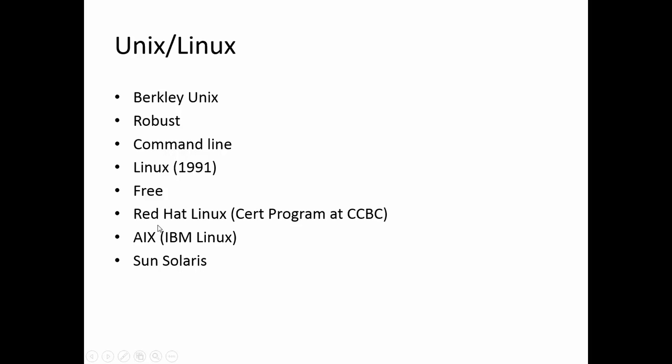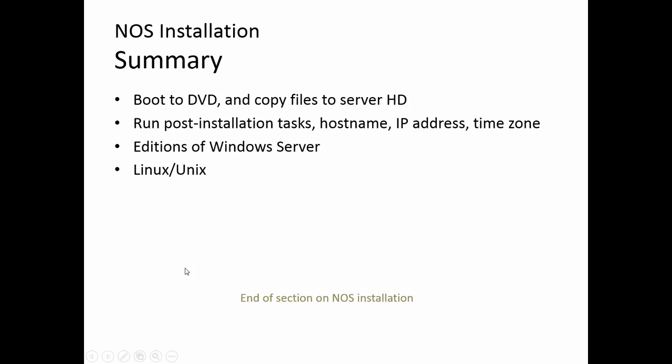And then there are other editions of Unix Linux as well. There is Red Hat Linux, and we have a certification program on Red Hat here at CCBC. IBM's Linux, which they run on their IBM computers, is called AIX. And Sun Solaris has a version of Unix as well.